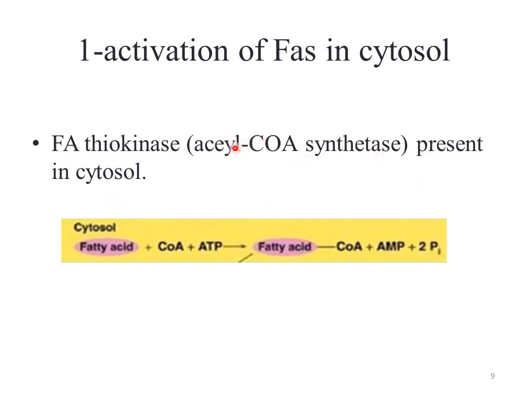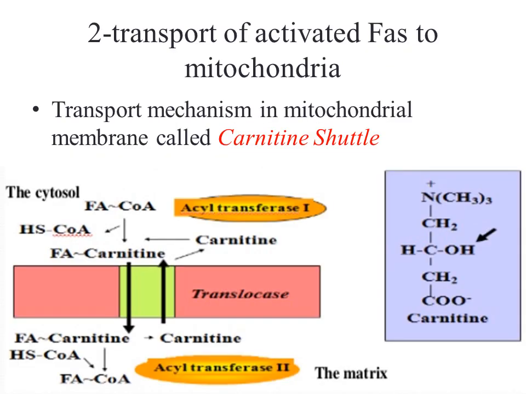So in the presence of this enzyme, fatty acids, using ATP, get converted into the activated form of fatty acids, with the release of an AMP molecule and two inorganic phosphates. So first the fatty acids get activated and converted into fatty acyl CoA, a long chain molecule.